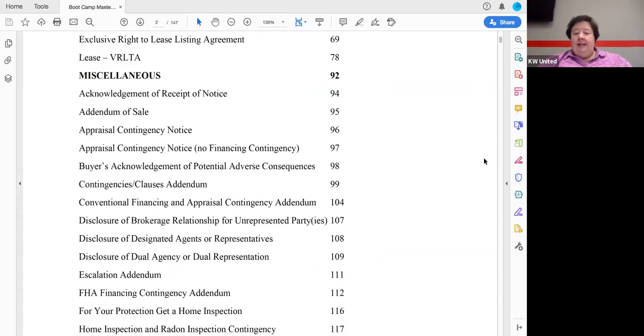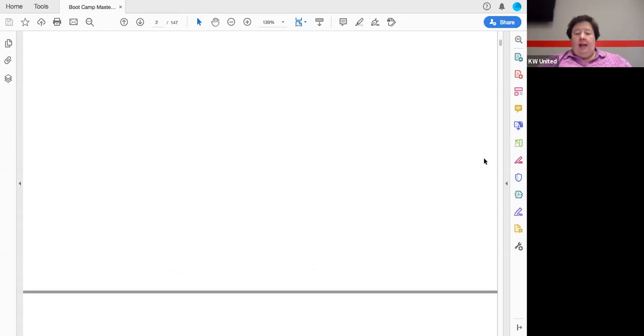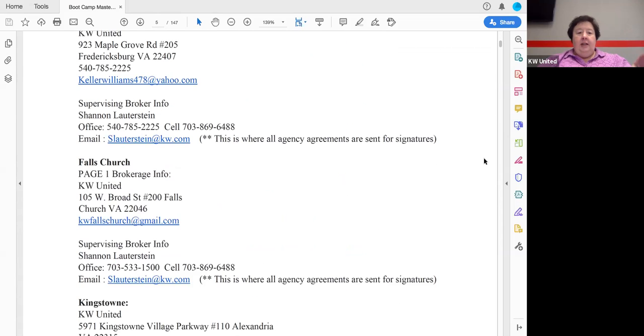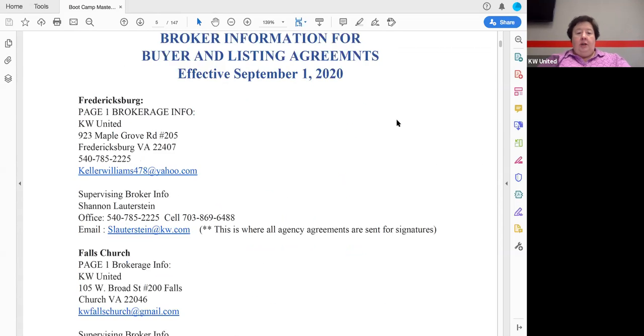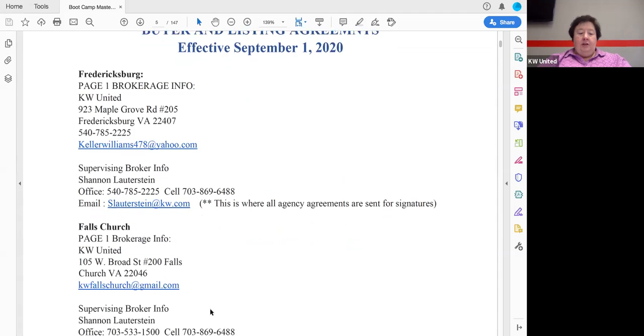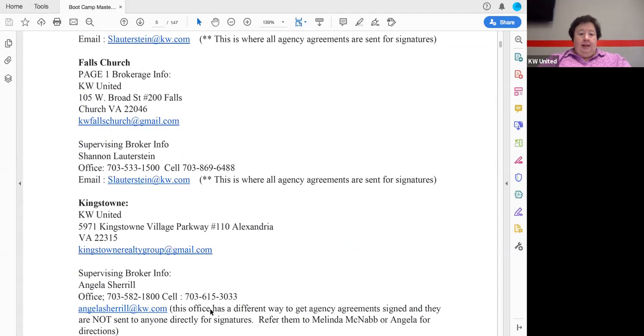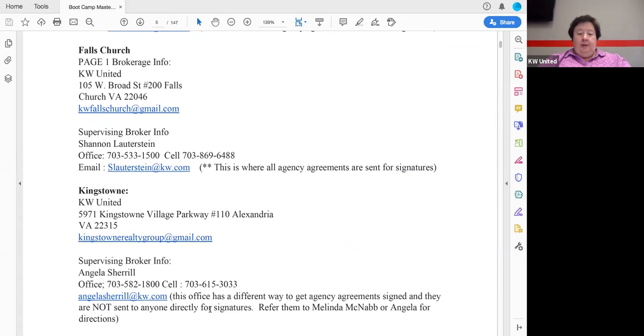What's happening in Command is it's bleeding over, auto-filling. So on page 1, we're looking for this stuff here. Keller Williams 478 at Yahoo, KW Falls Church at Gmail, and Kingstown Realty Group at Gmail, okay?